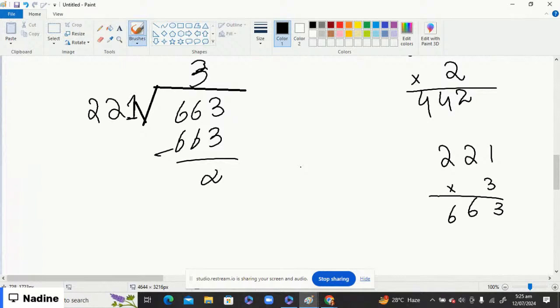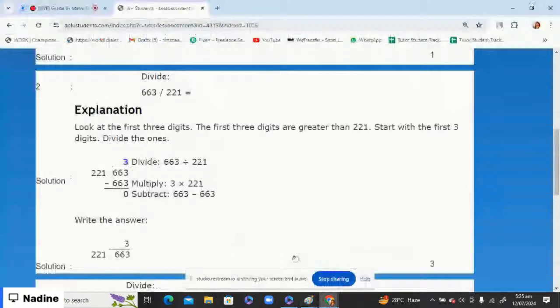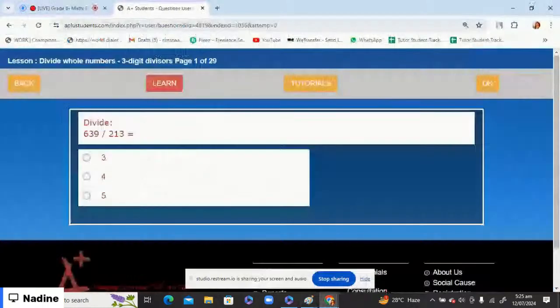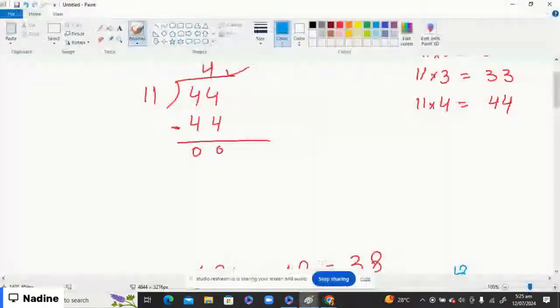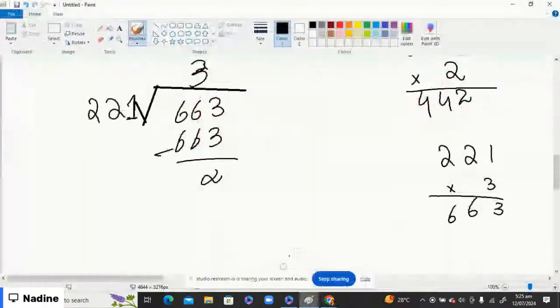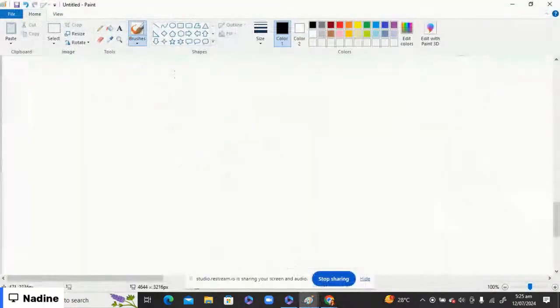Let's check the next question. Let's do a test question, and now you guys this time answer the questions. Okay. 639 divided by 213.